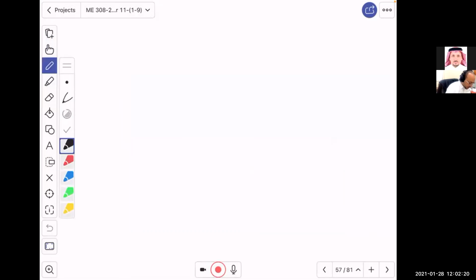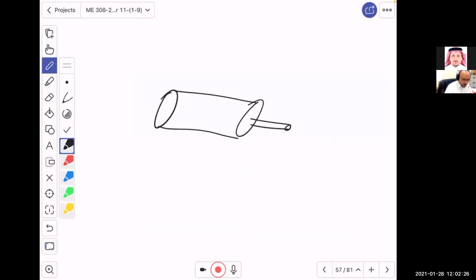Just see what I'm going to do over here. I'll assume that this is the roller, and this is somehow the gear. The force indicates that the other gear is pushing in this direction, and therefore we will assume that this is going to rotate in this plane.